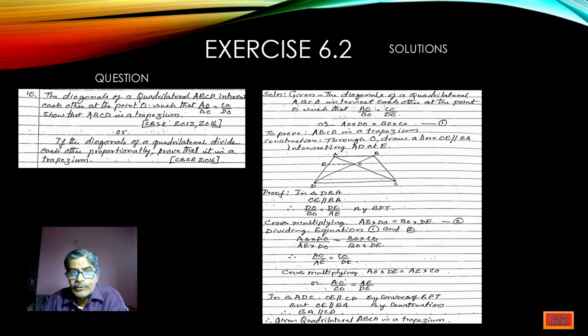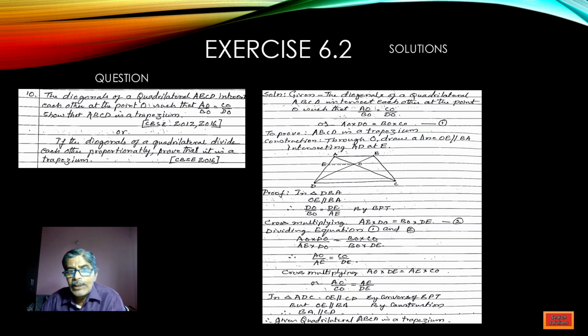We have to prove ABCD is a trapezium. So the construction: through O, draw a line OE parallel to BA, intersecting AD at E. Now the proof.